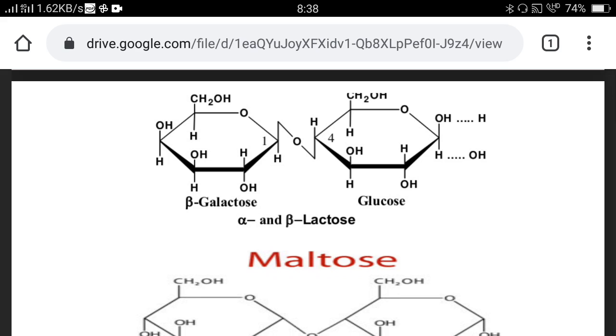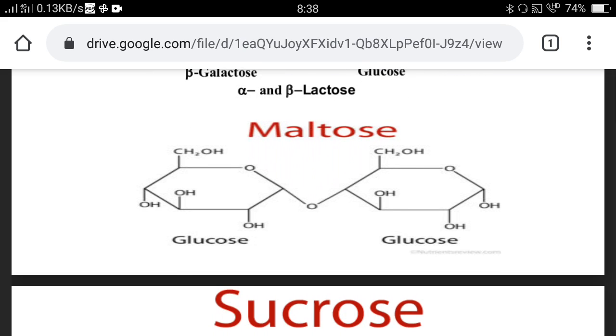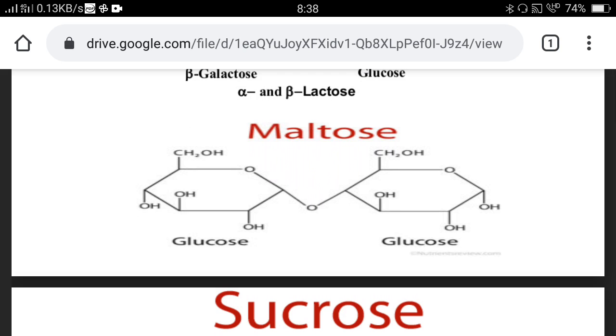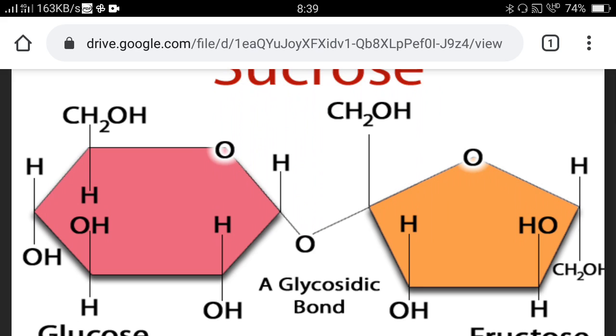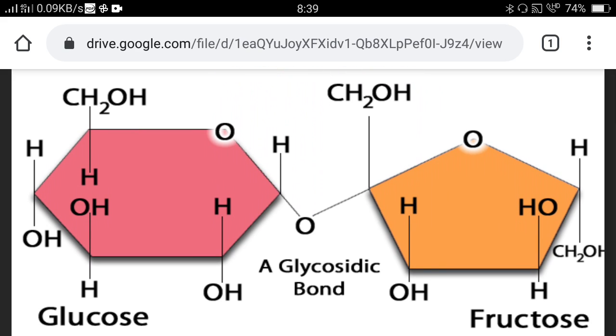See the structure of galactose, glucose, galactose plus glucose, maltose, glucose plus glucose, sucrose, glucose plus fructose.